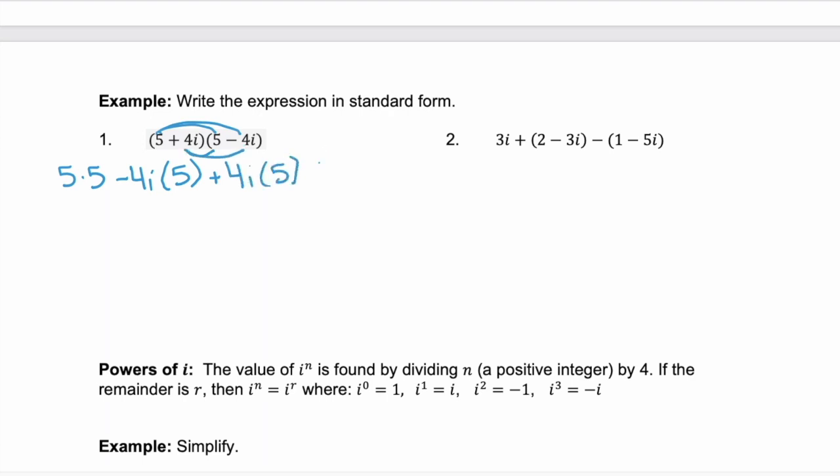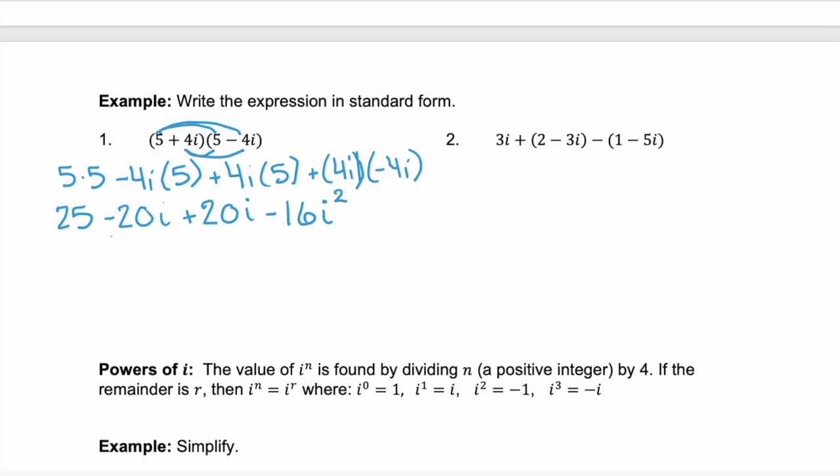And the last, a positive 4i times a negative 4i. 5 times 5 is 25. Negative 4i times 5 is negative 20i. 4i times 5 is a positive 20i. And 4i times a negative 4i is negative 16i squared.